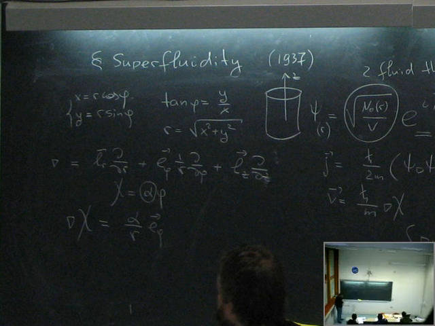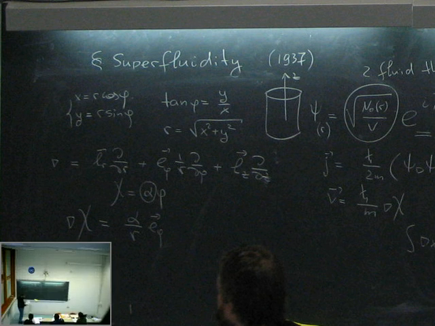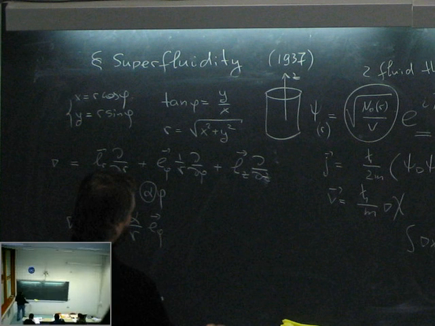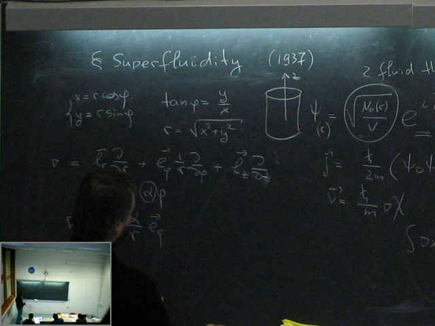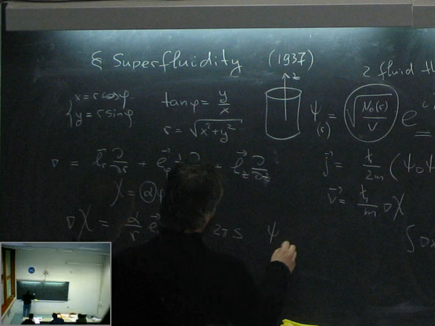What is alpha? If we rotate our system by the angle 2 pi S, where S is an integer number, then the wave function remains the same.